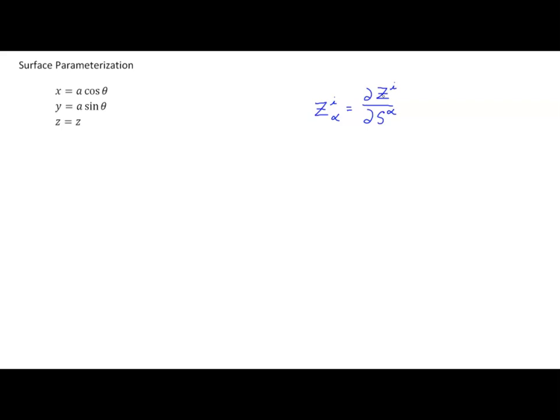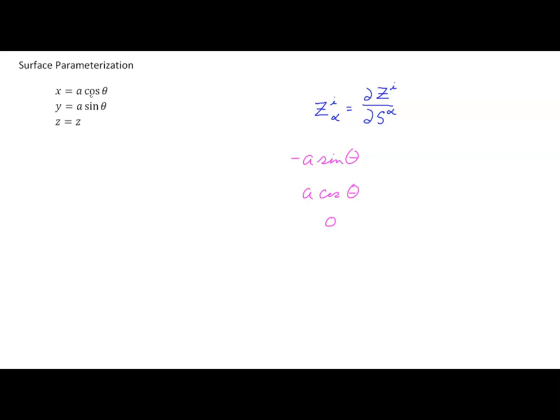The partial of z1 is going to be the partial of x with respect to theta. So x taken with respect to theta is just going to be minus a sine theta. And then the partial of y with respect to theta is a cosine theta. And then the partial of z with respect to theta is just 0 because it's not dependent on theta.